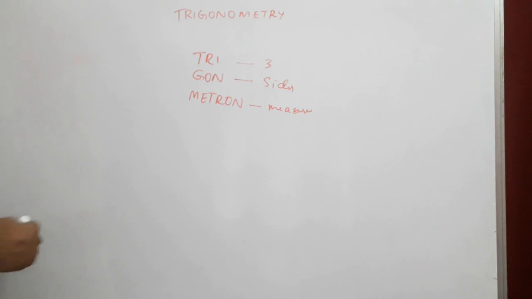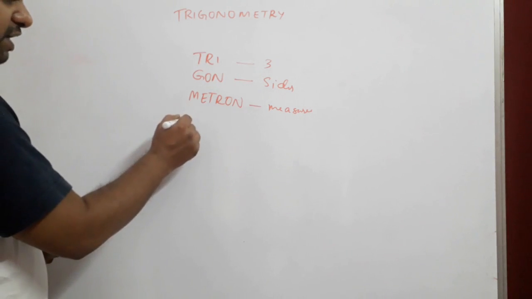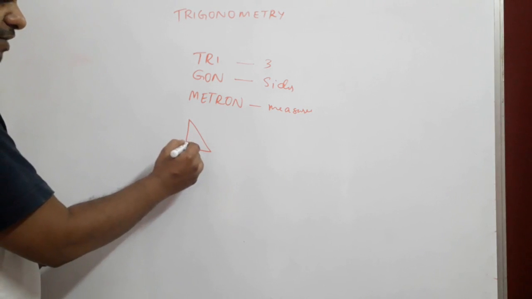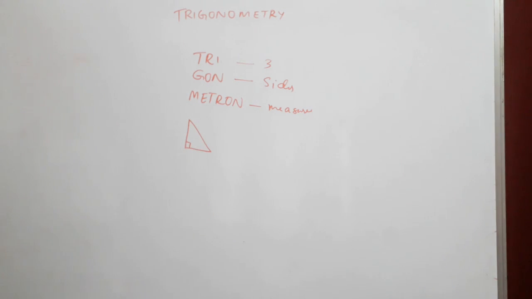We look to measure a closed three-sided figure which we call a triangle, and in particular a right angle triangle. This is a criterion to apply trigonometry to any geometrical figure that represents a triangle.